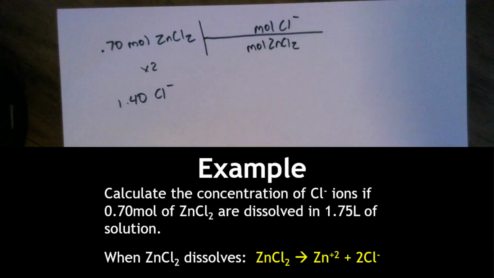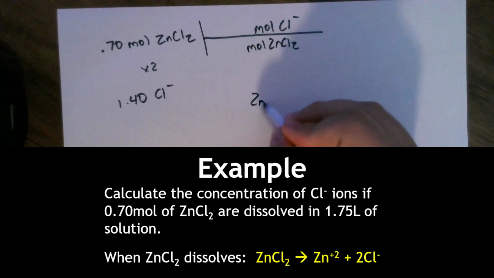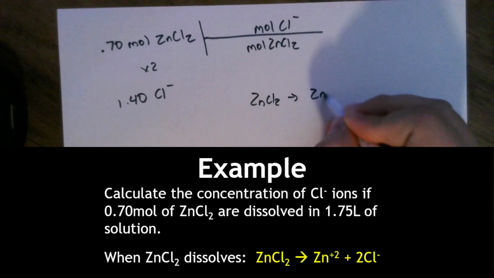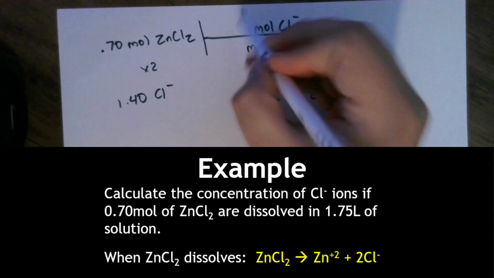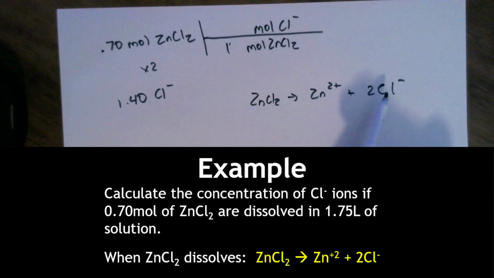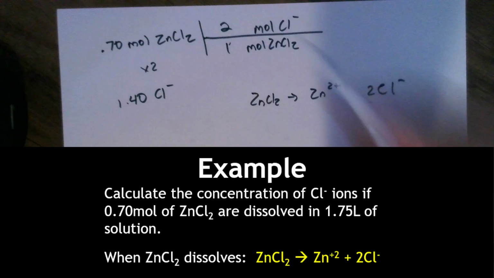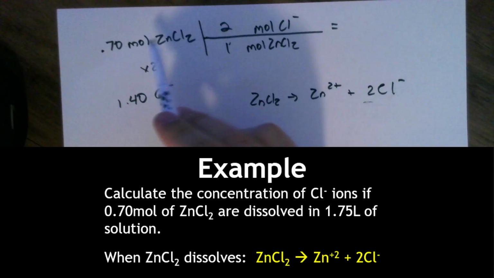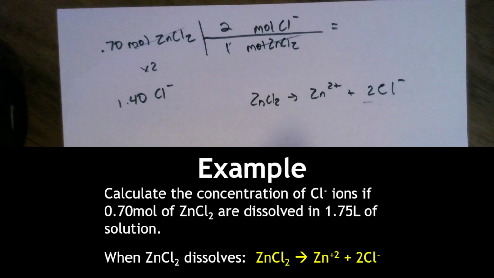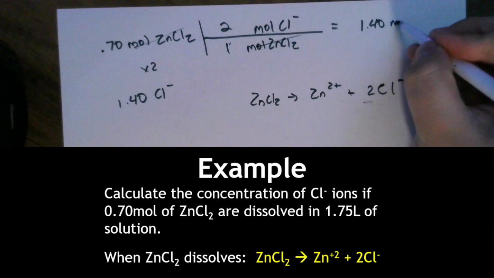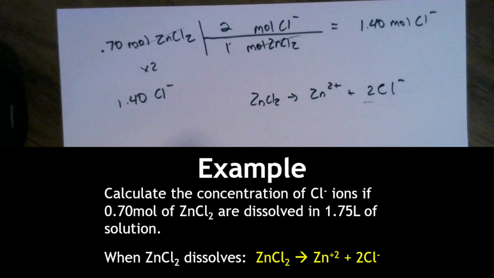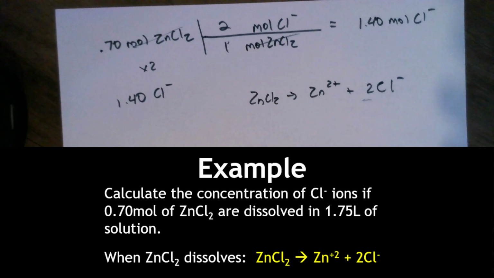Well, if I look at my balanced equation, there's just one ZnCl2, so I'll put a 1 here, and it makes 2 chlorines, so I'll put a 2 up here, and then just solve. My units cancel, I'm left with just moles of chlorine, and going across, 1.40 moles of chlorine. So if you could just reason out the answer, that's fine, but here's how you would show the work: just do a mole to mole ratio.